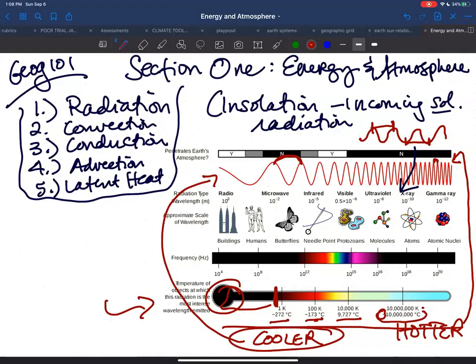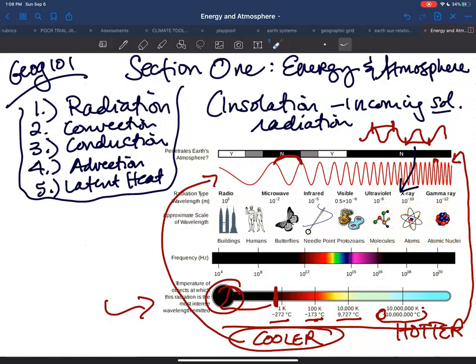One of the things I like about this image, if you want to understand how big these wavelengths actually are, is that it's a really cool figure, because it says these smaller wavelengths would be as small as viruses and bacteria, or even molecules, even atoms, even atomic nuclei.